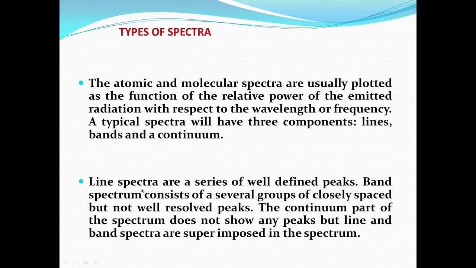What is a line spectra? Line spectra are a series of well defined peaks. They are so sharp that they look like dark lines on a photographic plate. A band spectrum consists of several groups of closely spaced peaks.